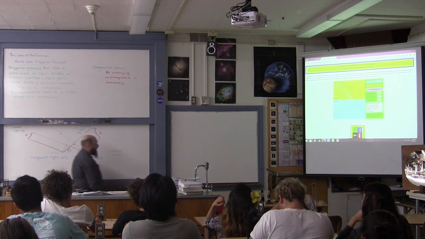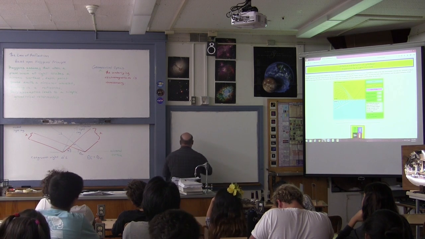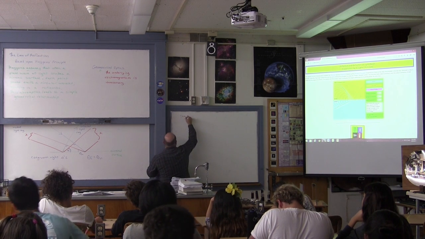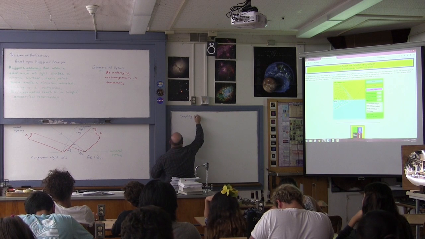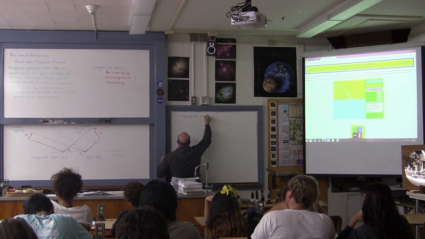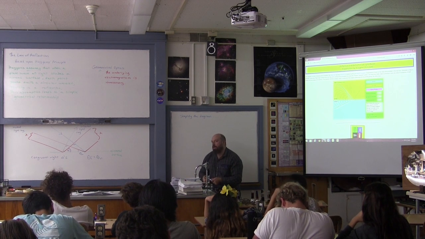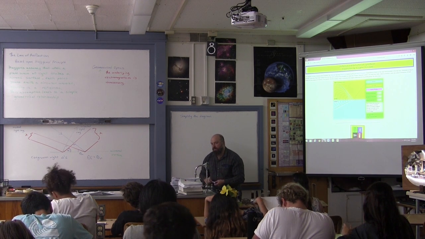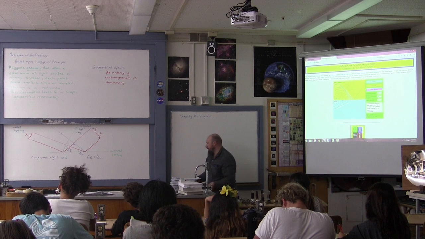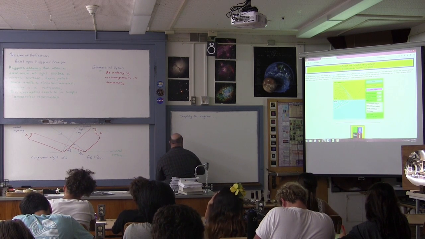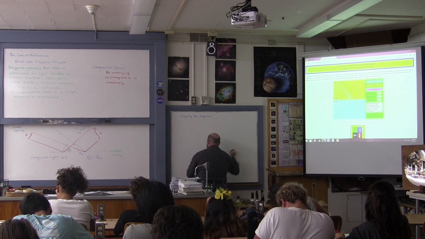Here's how we simplify it. Instead of drawing all the individual wave crests and so on, frankly, we don't even bother. Instead, what we just draw are the light rays, the incident and the reflected light rays, and we draw them in the following way. So right here is once again my mirrored surface.